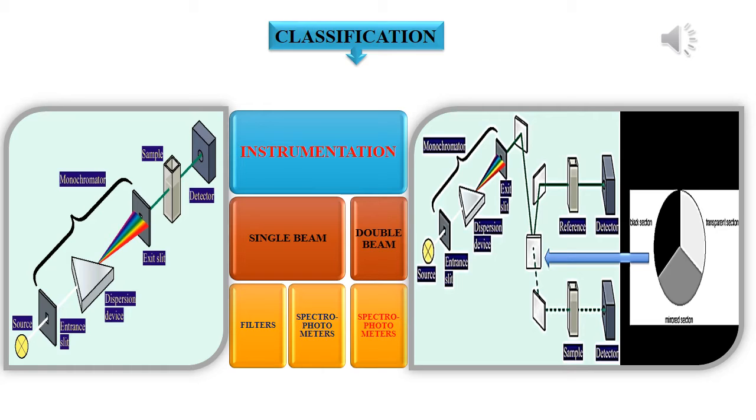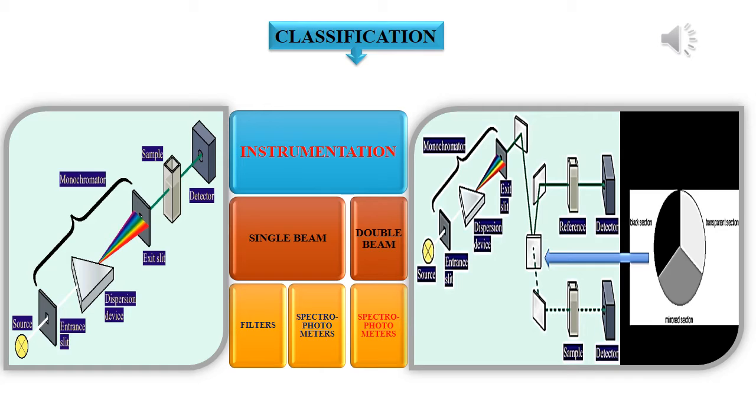Examples of single beam instruments are filter types and spectrophotometers. Filters are named based on the monochromators used, which we'll discuss in the next slide. What are monochromators? A filter is used to select the appropriate radiation we are going to analyze. So those types of instruments are called filter types.